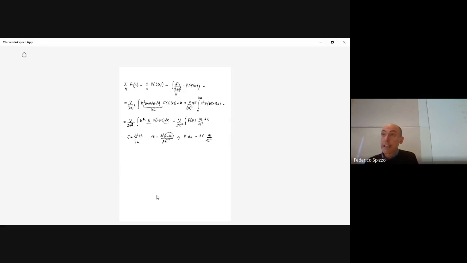And I also have k, which I obtain from this equation. So k is 2m divided by h bar squared times the energy, to the power of 1/2. Limits of integration: 0 to kf corresponds to 0 to the Fermi energy.